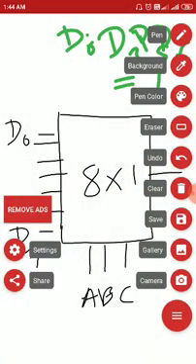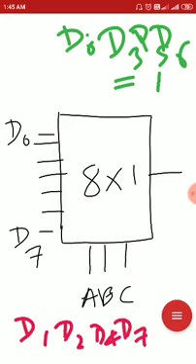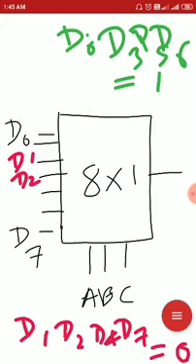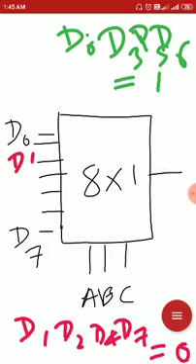So for these are connected to logic 1, and the remaining values are D1, D2, D4, D7. Okay. So first connecting D1, D2, D4 and D7.